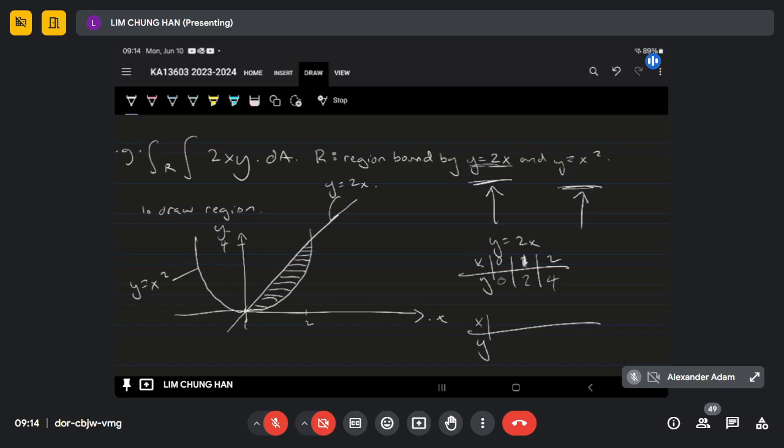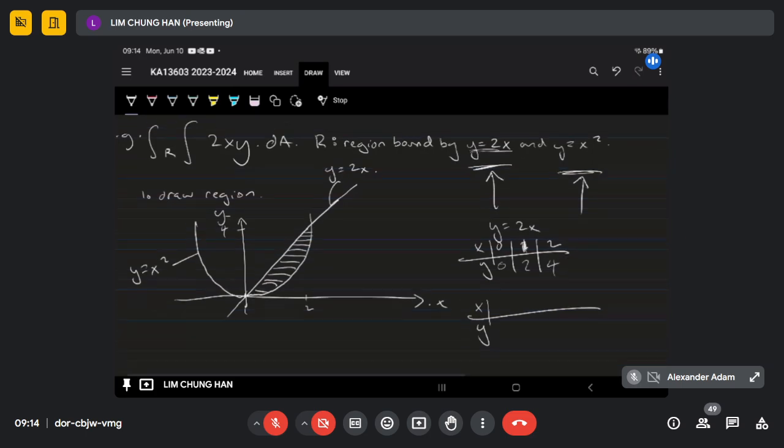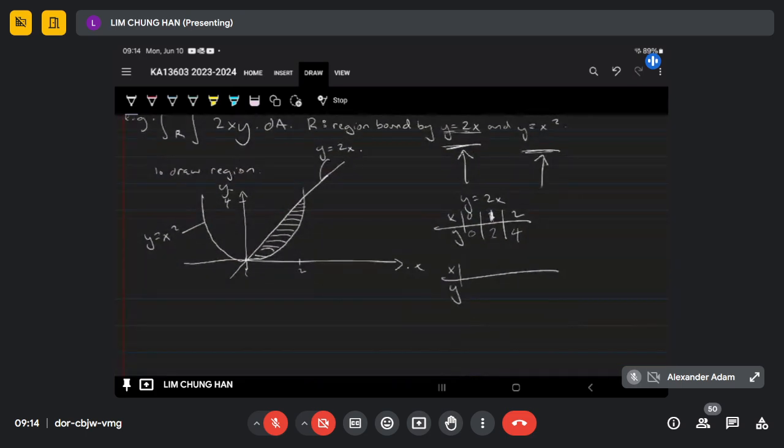Now that you have your region, we integrate. Okay, we integrate again. dx dy or dy dx. Now you have to decide. As I said before, let's find the limits for both. We don't care whether it works or not.